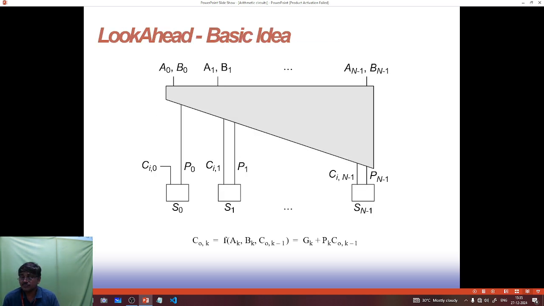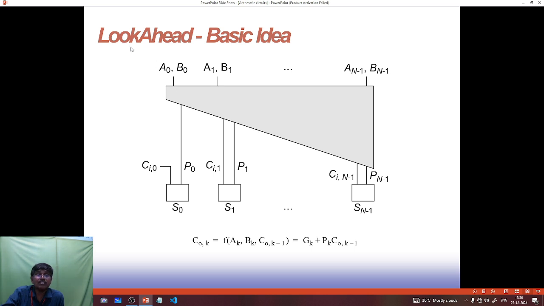So next, the look ahead adder basics. When you use full adders in a 4-bit adder, the carry depends upon the previous adder, so finally the carry will be delayed. So the sum and carry operations take a long time.